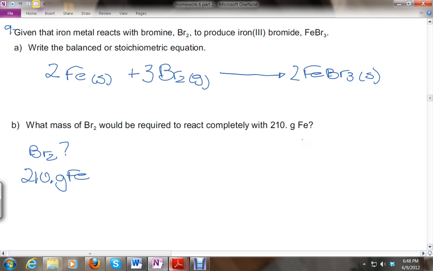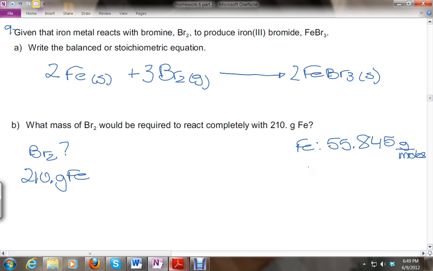Again, let's do our molar mass. So for iron, I'm going to put the whole 55 according to the periodic table you're going to use on the exam: 55.845 grams per mole.